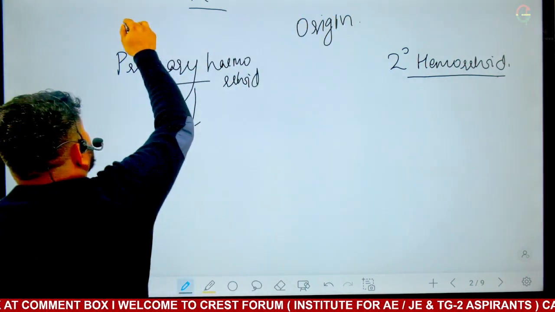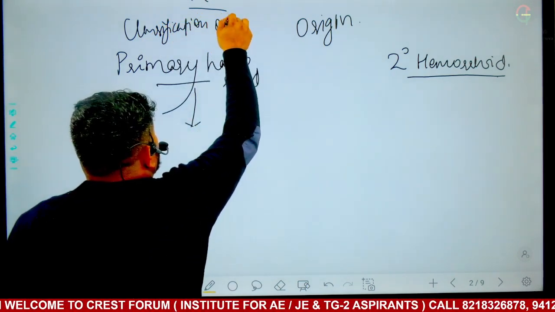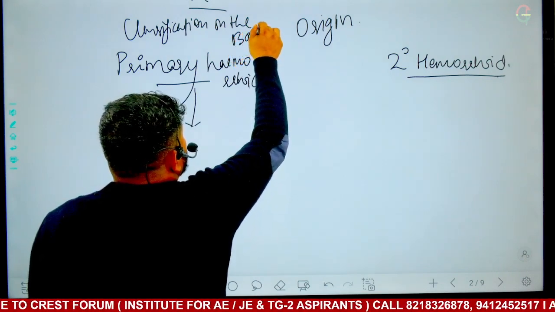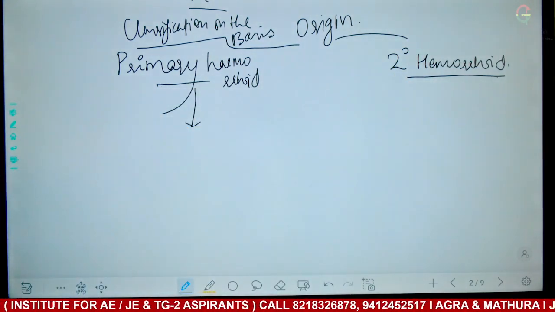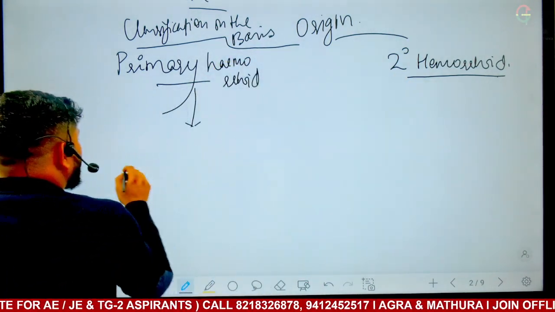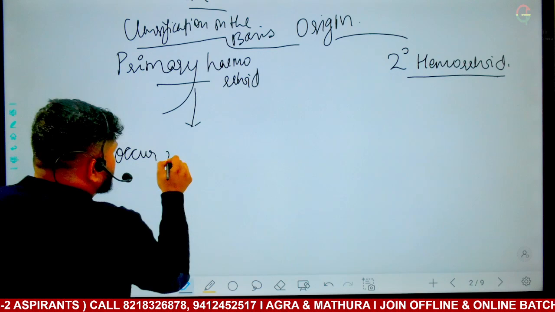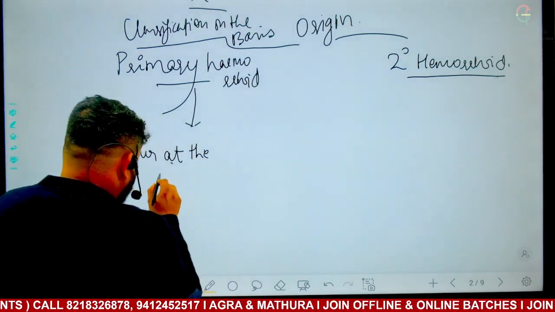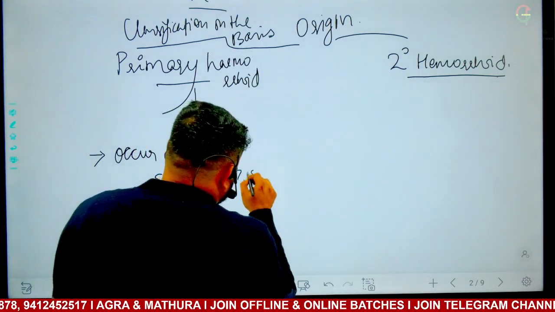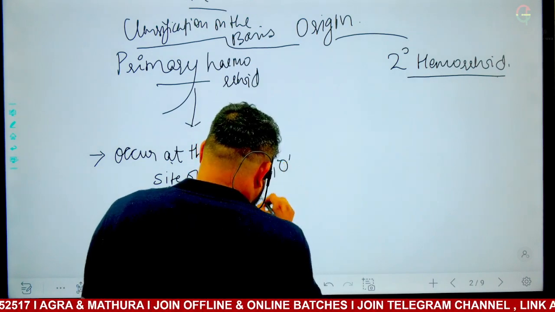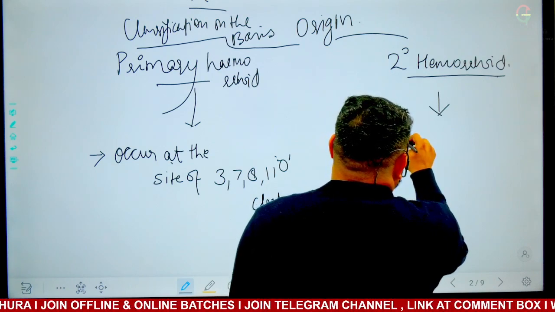Classification on the basis of origin: primary hemorrhoids and secondary hemorrhoids. Primary hemorrhoids occur at the site of 3, 7 and 11 o'clock. And secondary hemorrhoids are other than that.